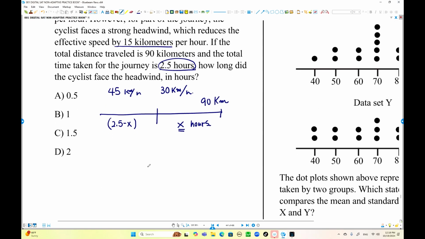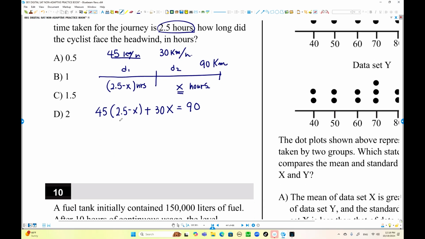So from here we get the equation. Total is 90. Speed times time is distance. So distance 1 plus distance 2 equals 90, right? So distance 1 is 45 times (2.5 minus x), and another one is 30 times x, that is equal to 90.